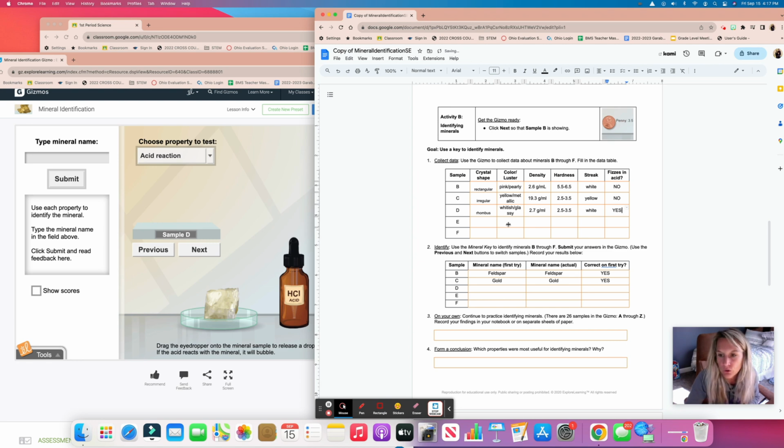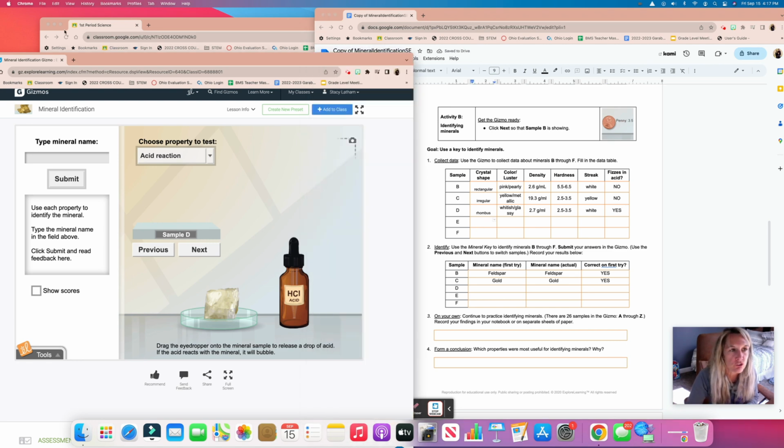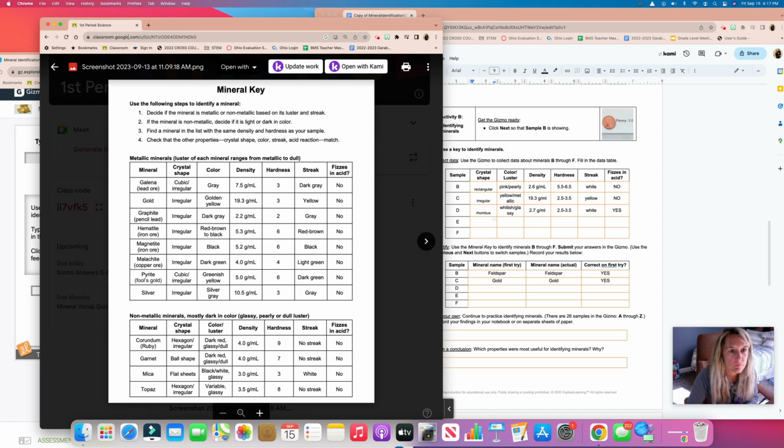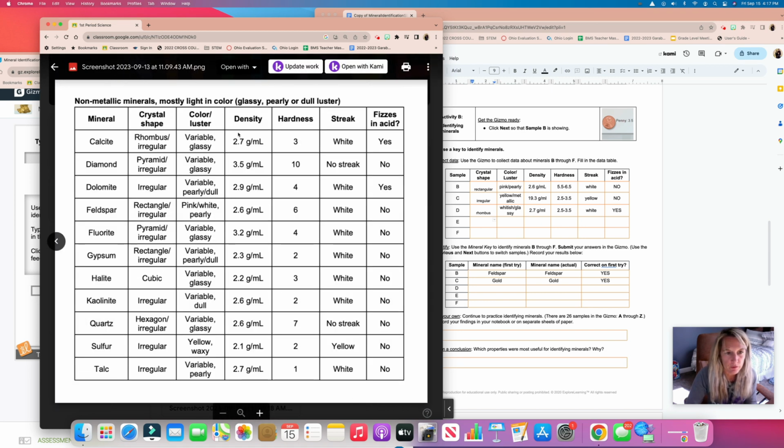All right, so let's go to our chart and let's first check density. So 2.7, nothing on the first page. Oop, there's one right here. That's 2.7. And there's one down here. That's 2.7. So there's two that are matching up with density.